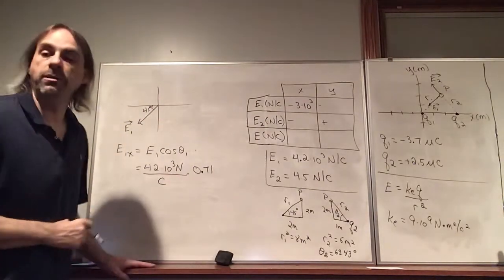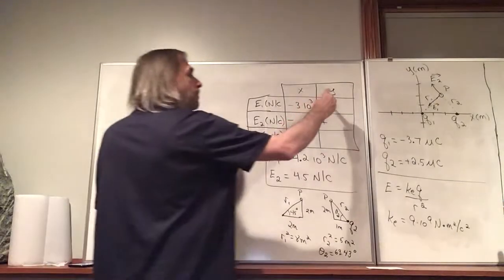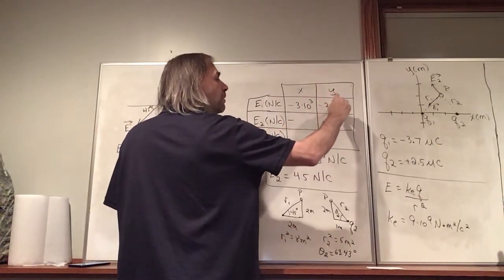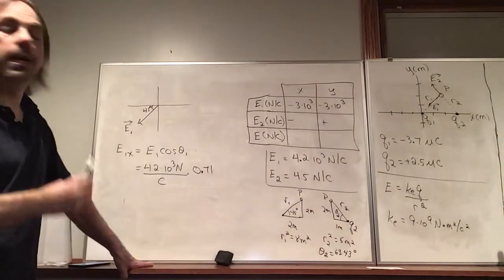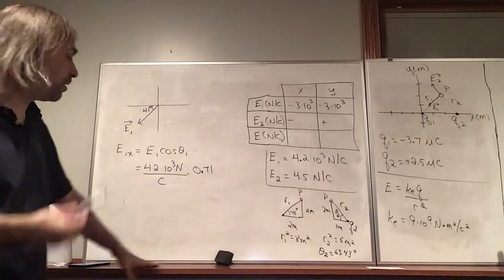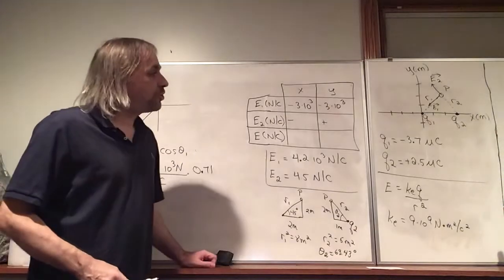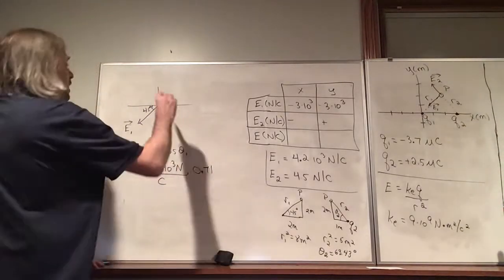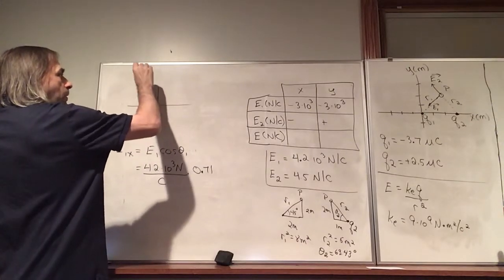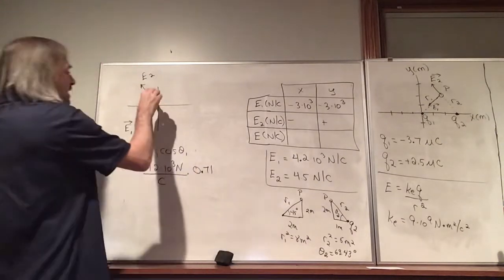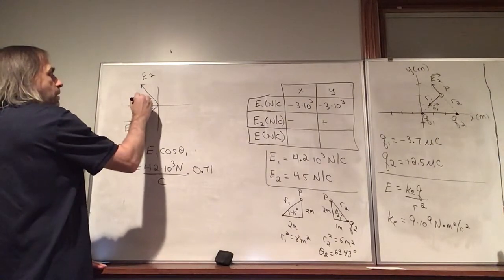Now, the y component is going to be E1 sine of theta 1, but that's going to be the exact same value, because sine of 45 degrees is also around 0.71. Okay. Now, let's look at E2. E2 is pointing in this direction, where we found this angle here was 63.43 degrees.